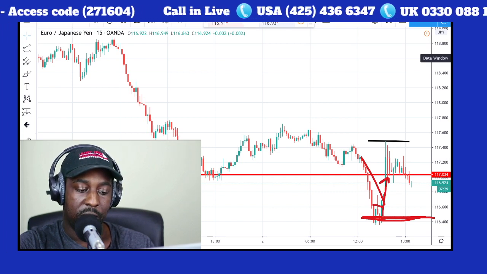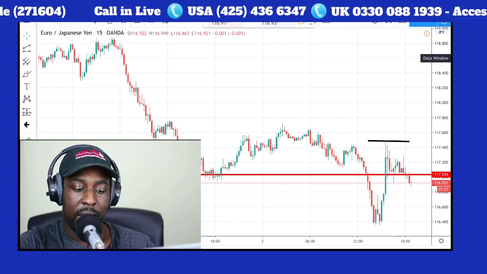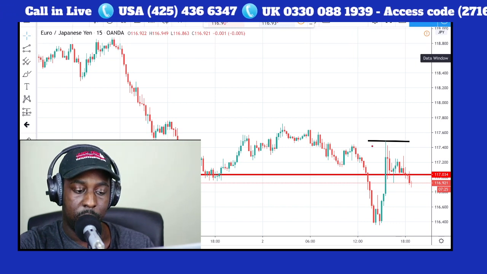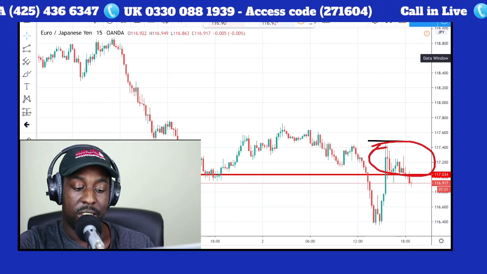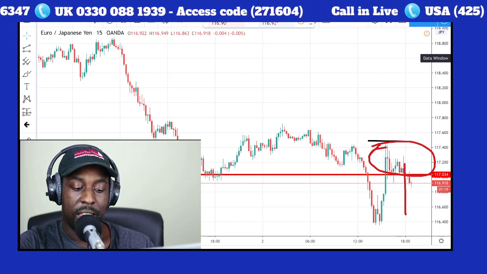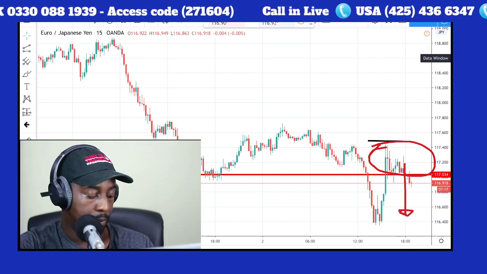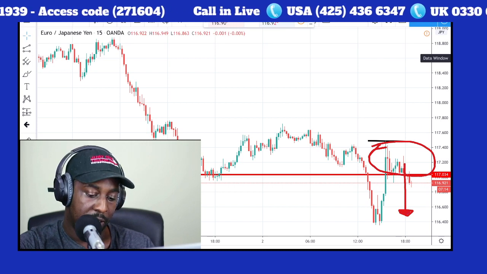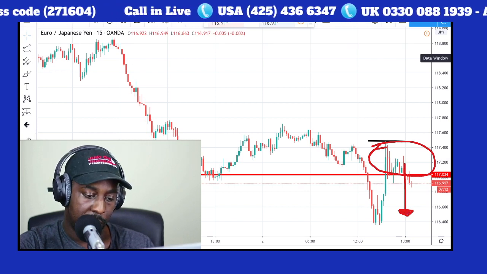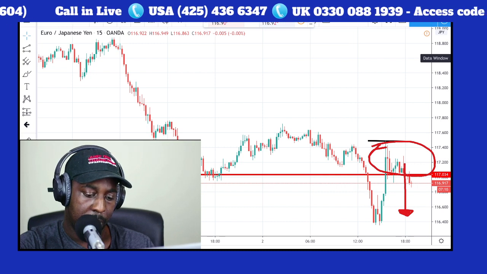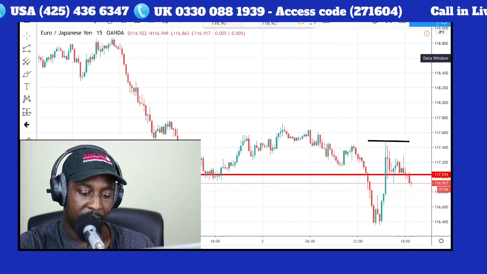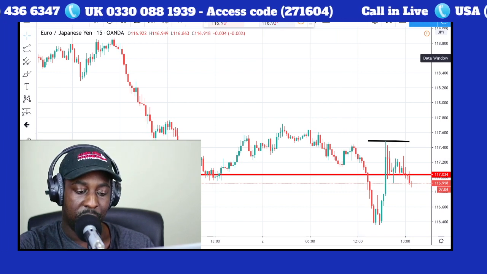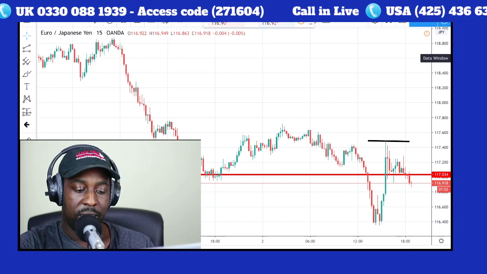So if you were trying to take a trade anywhere in this kind of region, you'd be looking and saying, cool, does a trade make sense going down to here if this is the bottom? We're talking about 117.15, 117.25, 117.30 in these kind of regions.